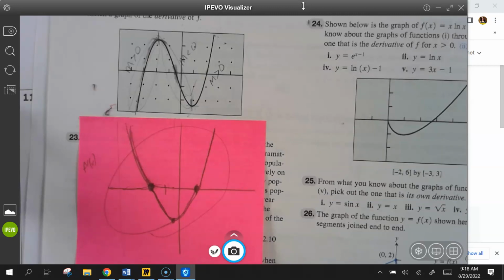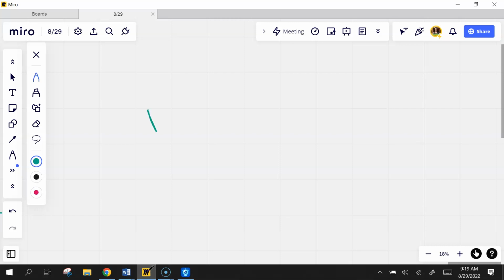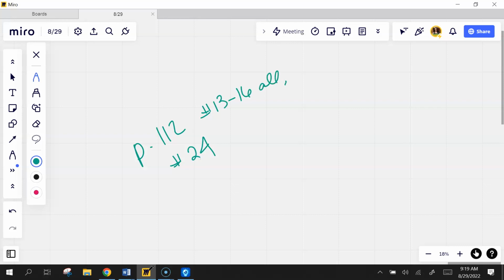Here's what I want you to try on page 112. So that was 22. We did that one. 24. Actually, start with these are matching.